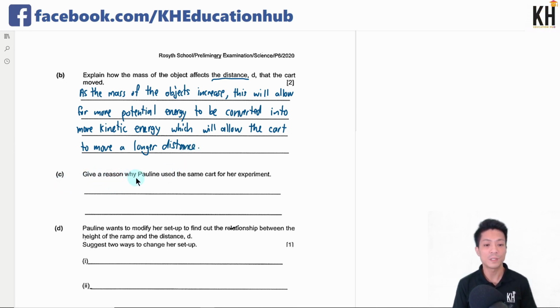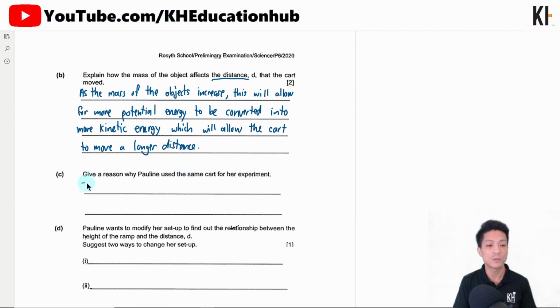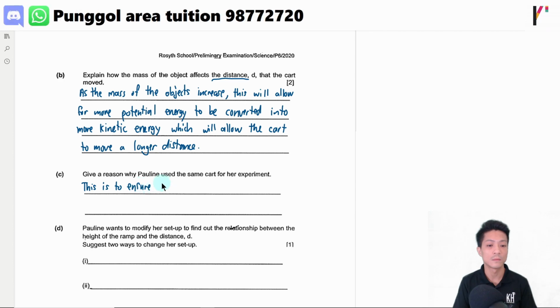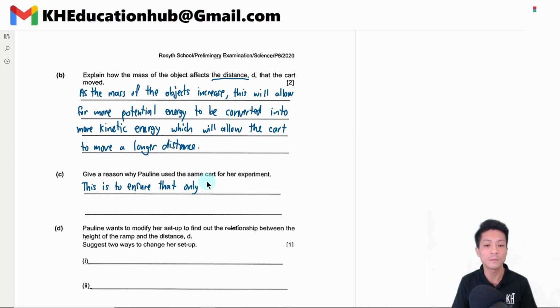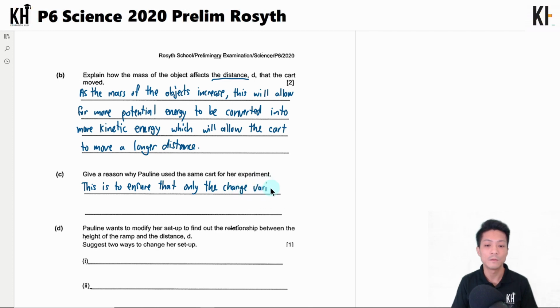Okay, part C, give a reason why Pauline used the same cut for her experiment. So this is to ensure that only the change variable of the experiment can affect the results.